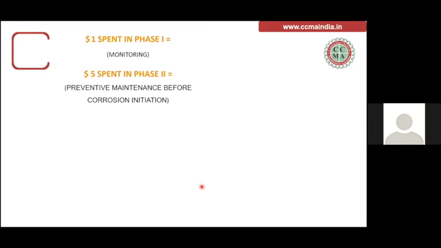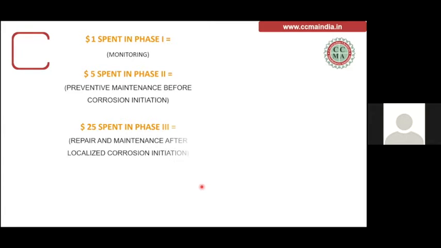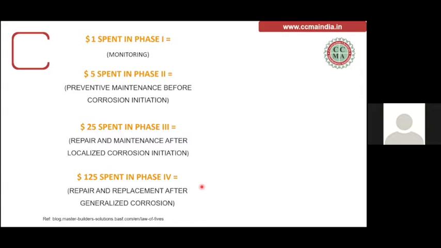So if you invest $1 in phase one itself during the construction time and you are monitoring the construction, you will end up spending $5 at the stage of preventive maintenance when the corrosion has not initiated, which will be equivalent to $25 when the corrosion has just initiated in the structure, and which will zoom on to $125 when you actually go for the repair and replacement.